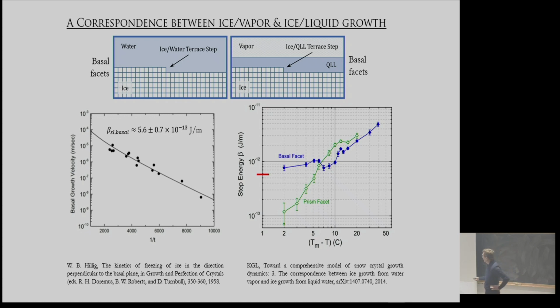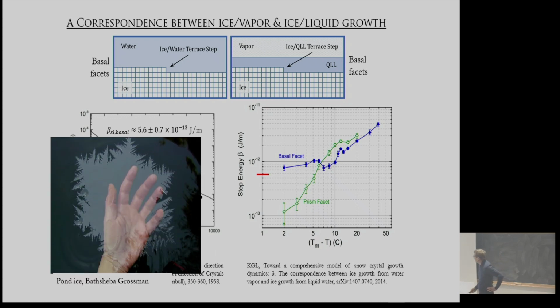Now, what about the prism surface? That just goes to 0, or at least it's going down fast. And lo and behold, if you look at ice, here's a piece of ice that this person picked up out of a pond, and you can go to any freshwater pond and you can find crystals not quite this nice. But this has a very strong basal faceting in it, but there's no prism faceting.